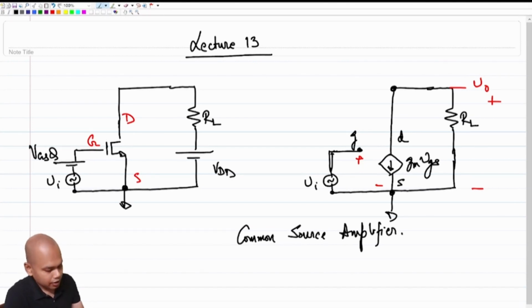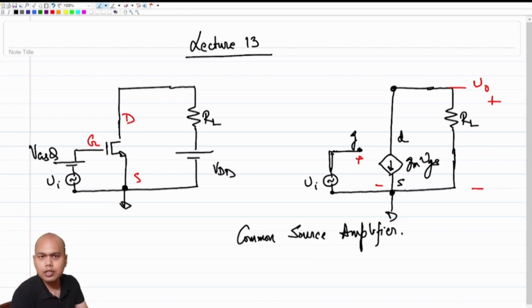Another way to think of it is the fact that whenever we say common, you will see several configurations that we'll be dealing with in the upcoming lectures. This common term will come. You will see common source, common gate, common drain, and so on.